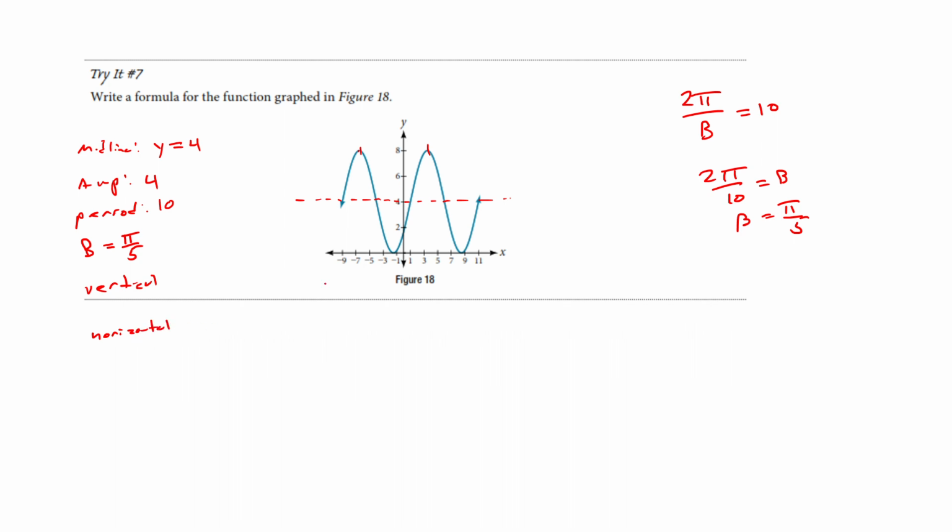So we've gone up 4. No, I'm sorry, I've reversed these words. Our vertical is up 4. Our horizontal shift is our right and left.